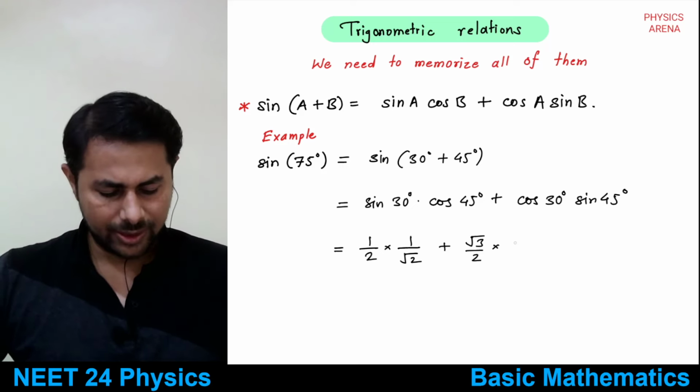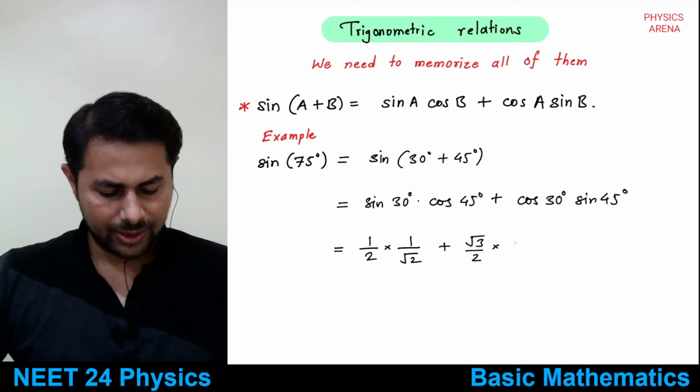There is a lot of stuff to be remembered. There are more trigonometric relations. So again, you have sine square theta plus cos square theta is equal to 1. We didn't prove it, we just took it as a known fact, but you can prove it this way.